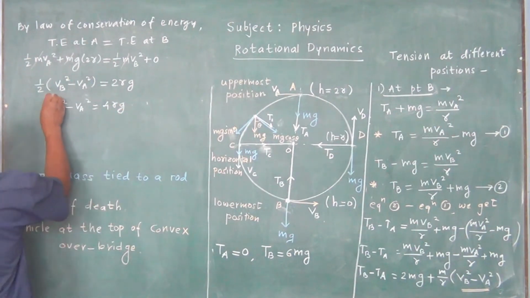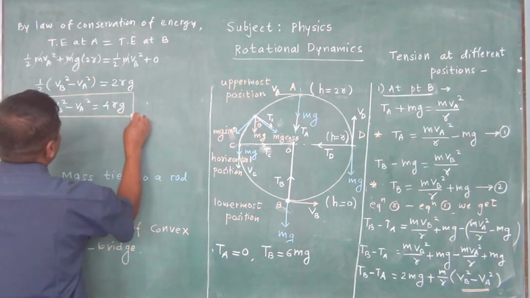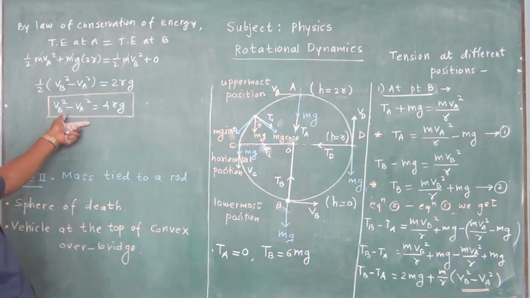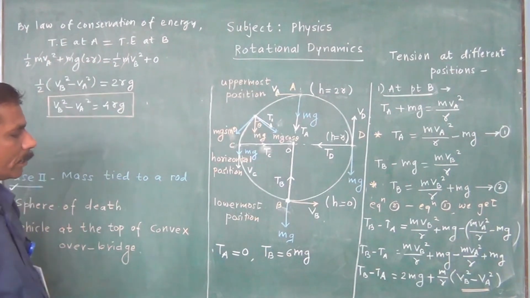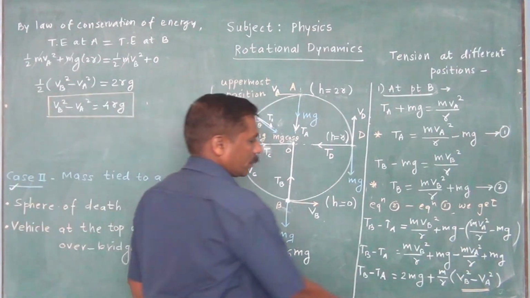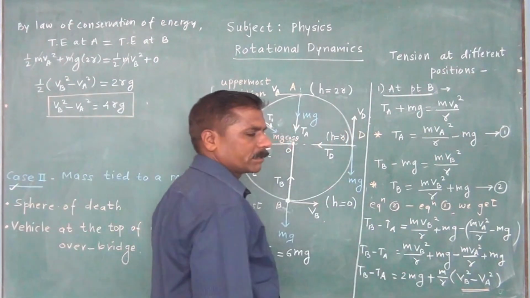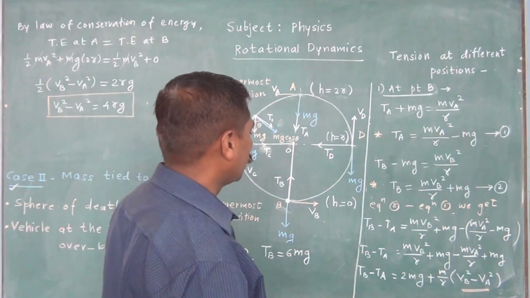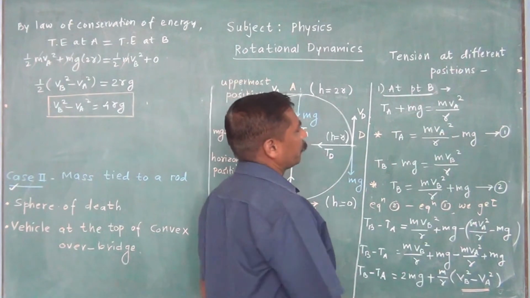Means with the help of the law of conservation of energy, you have to find this relation by considering the total energy. Now you can put this value here, that is vb square minus va square, 4 times rg, and you will get the final equation.